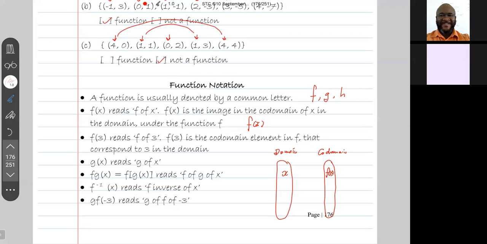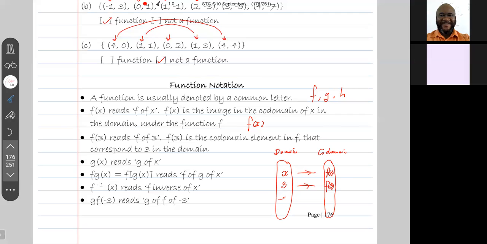F of x is the codomain element that is mapped to x in the domain. So if you have, for example, 3 here, over here you would have f of 3. That's all it is saying.